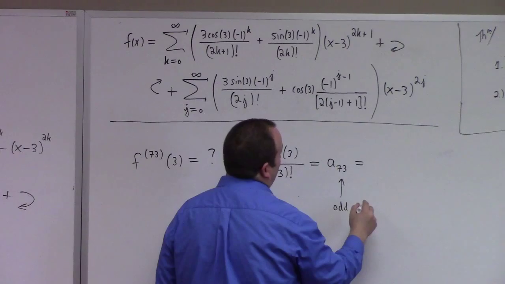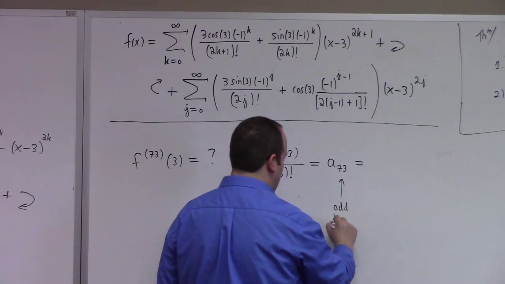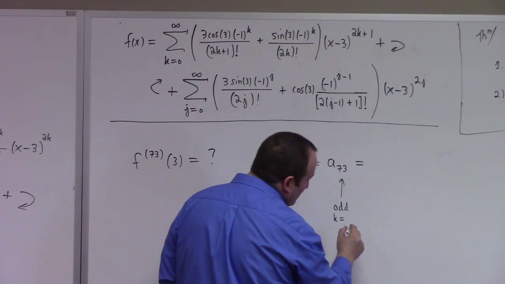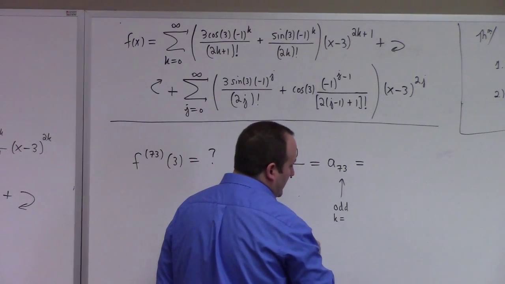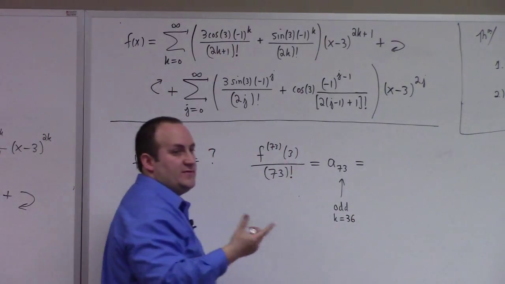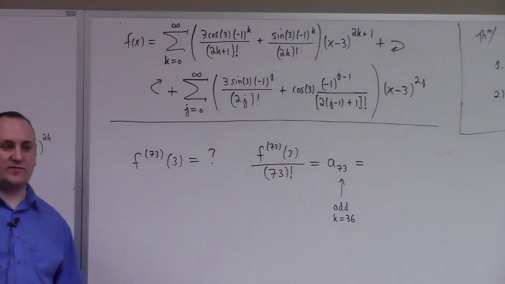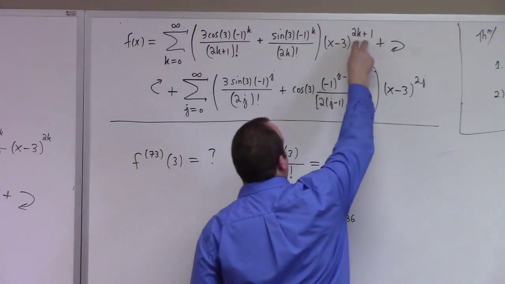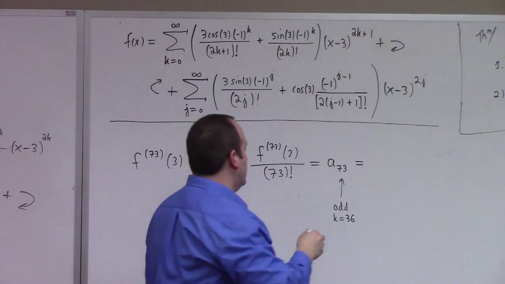In my current notation, that means k equals, no, not 73, 36, right? 2 times 36 is 72, 72 plus 1 is 73. That would be how I get this coefficient here, right? And so there it is.